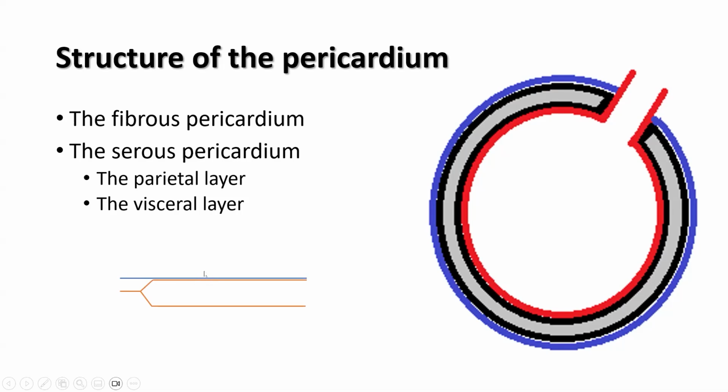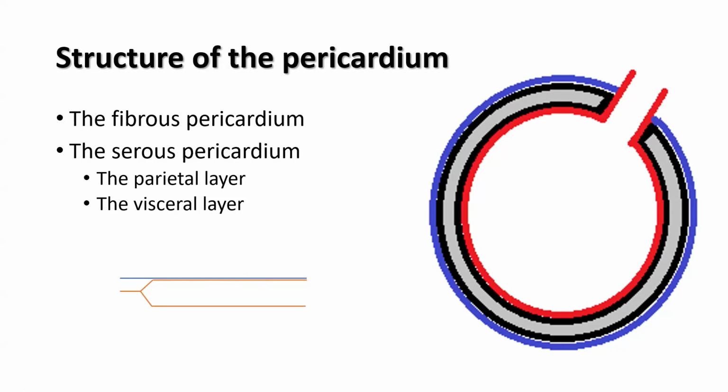They are fused to each other, and the fused structure, if we want to examine, we can see outer aspect of this fused structure will be rough because this aspect contains fibrous pericardium, but the inner aspect of this fused structure will be smooth because it is the parietal layer of serous pericardium.